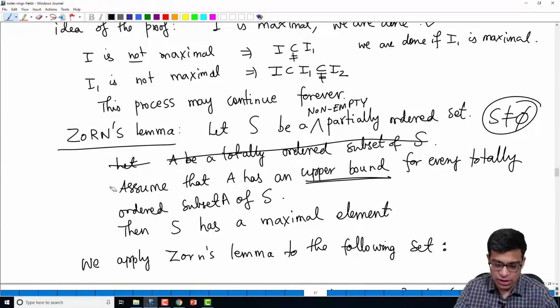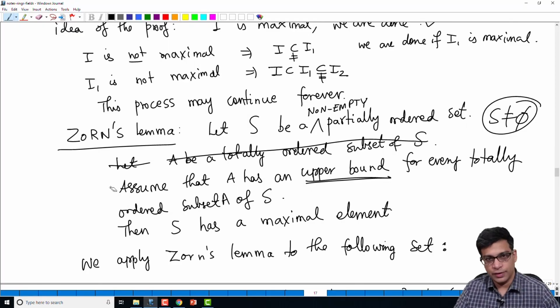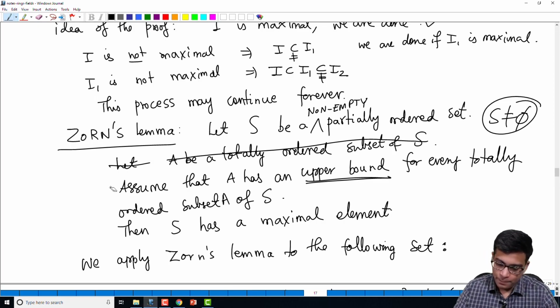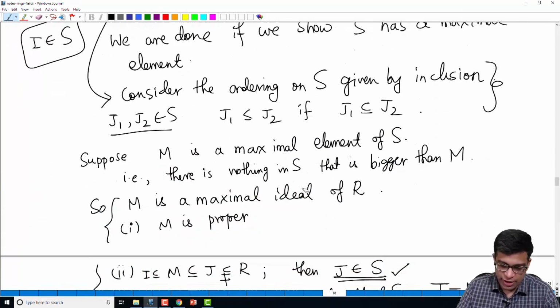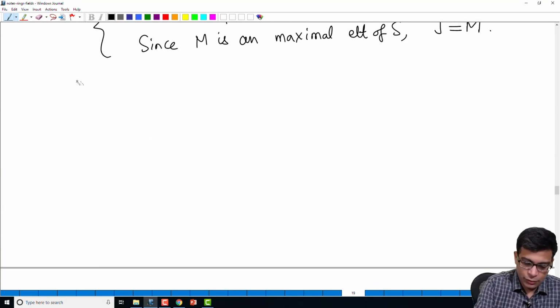And this is where Zorn's lemma comes in. Zorn's lemma gives you, under some conditions, a partially ordered set with a maximal element. What is that condition? Every totally ordered subset must have an upper bound. So let's take a totally ordered subset.